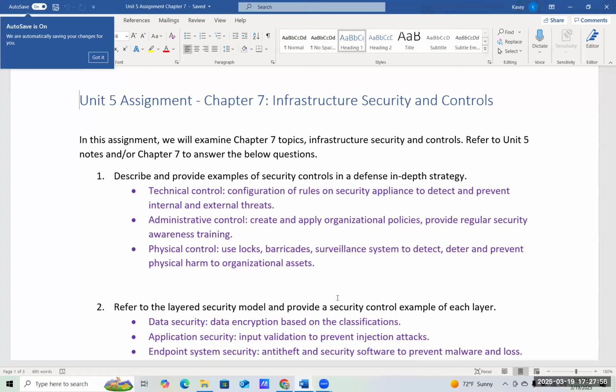So technical control is a way that we would configure the system to align with the policies or the rules on security appliances. So for example, I want to make sure that I configure the ports that would be available to the services or the protocols that I'm using.